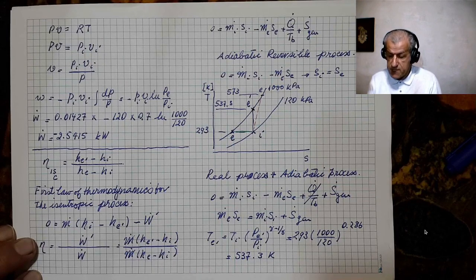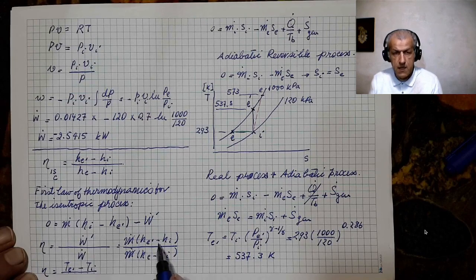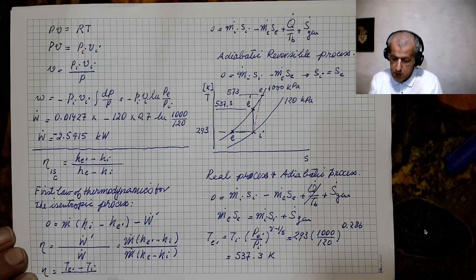There is a Cp0 which also cancels out, and eta equals Te prime minus Ti, if we just factor a Cp0 and write He prime minus Hi equals Cp0 times Te prime minus Ti, and do the same for the denominator.